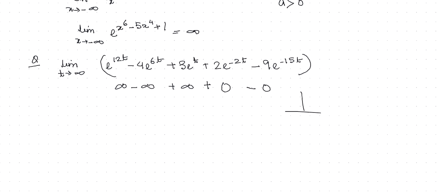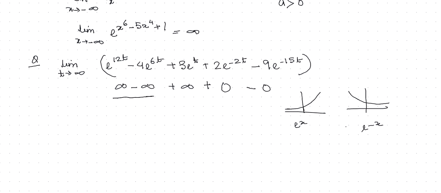We knew the graph was like this for e^x. This was the graph for e^x, this is the graph for e^(-x), and we see that these negative exponentials will give 0, so they are not the cause of worry.